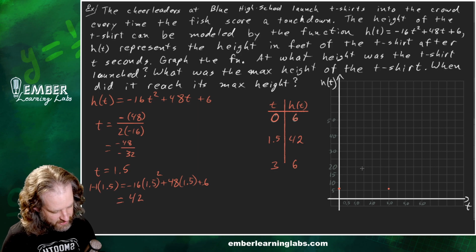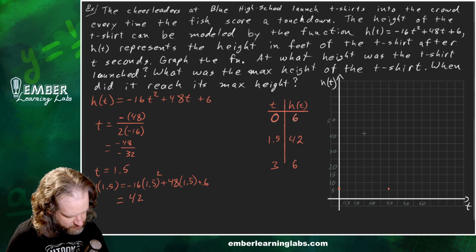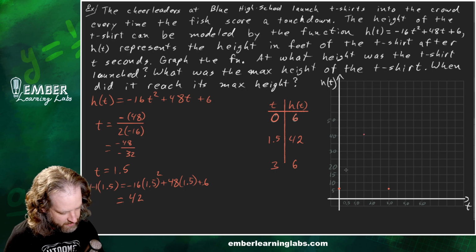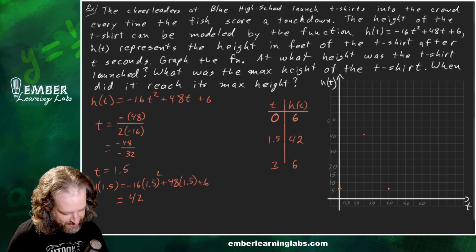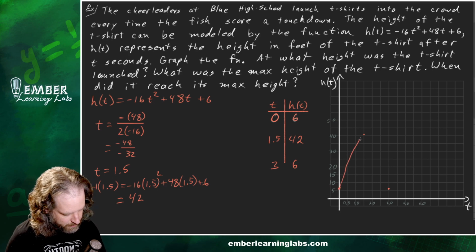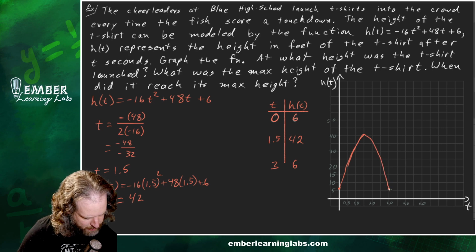And then we've got 1.5, 42, so about right there. So they're launching it up high, at least at this scale, and it goes way up here and smacks somebody in the face, right?